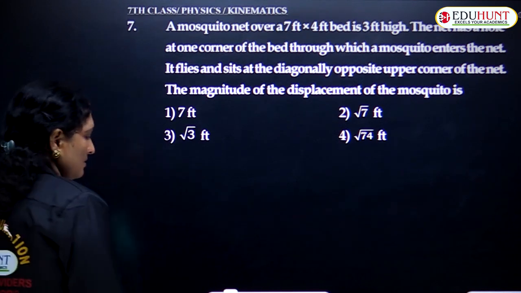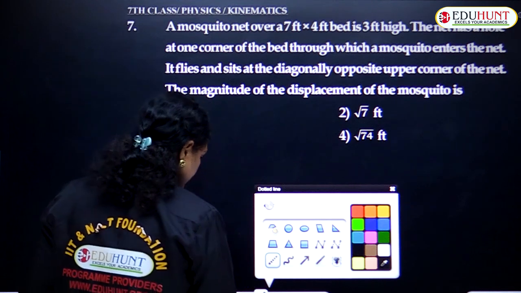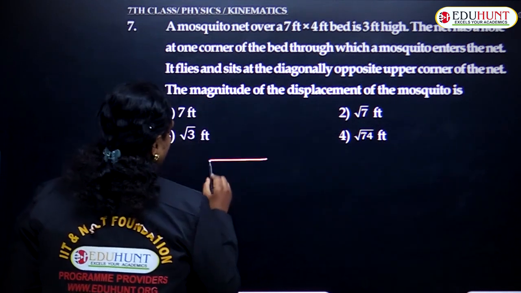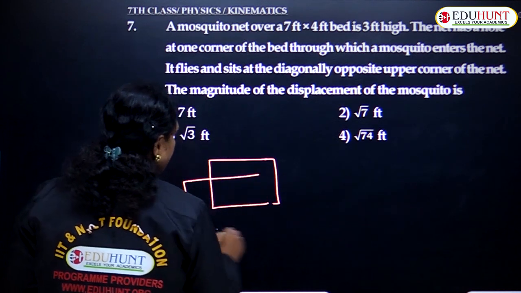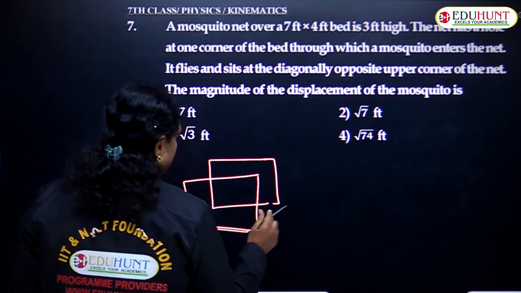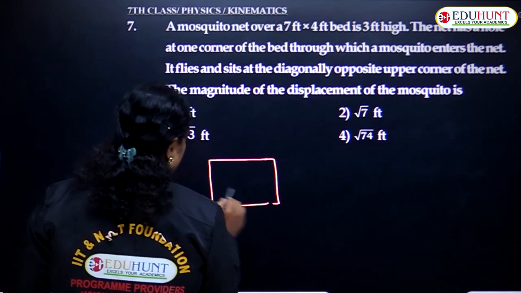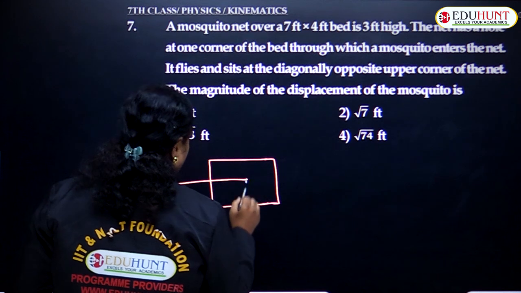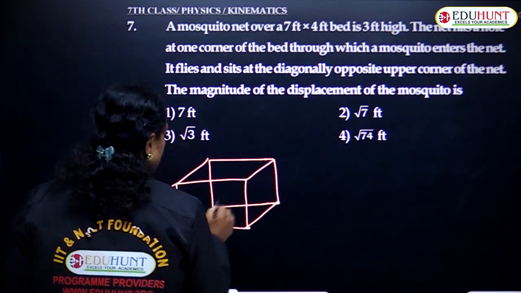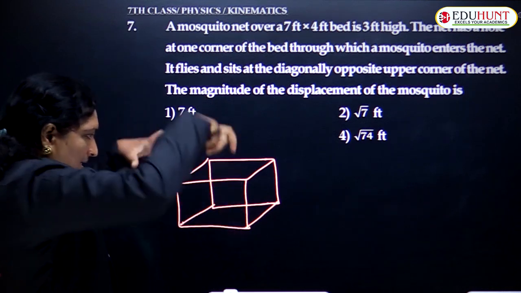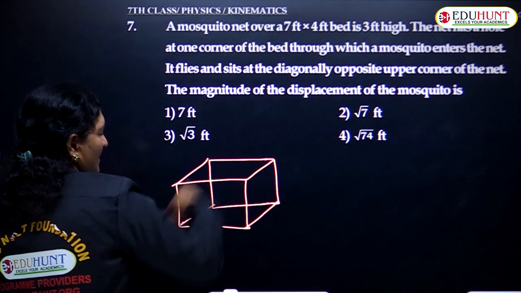So, in order to understand this 3D picture, okay, mosquito net will be something like, let us take it in some cubical shape. Something like this, cubical shape, the net like this. Here it is open and here all the mesh is being given.